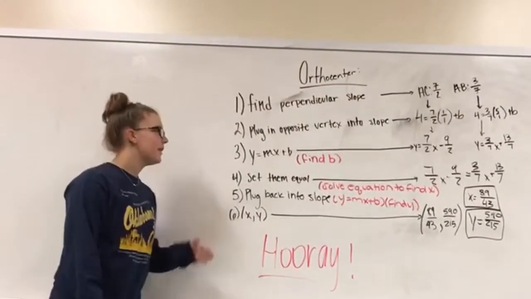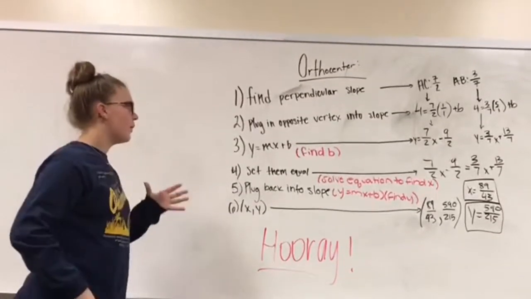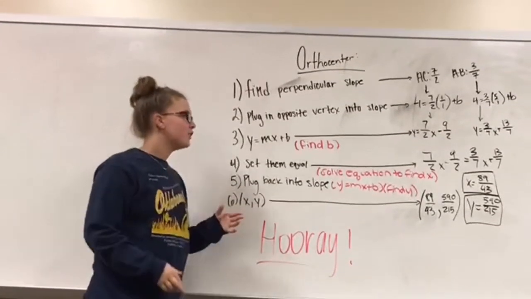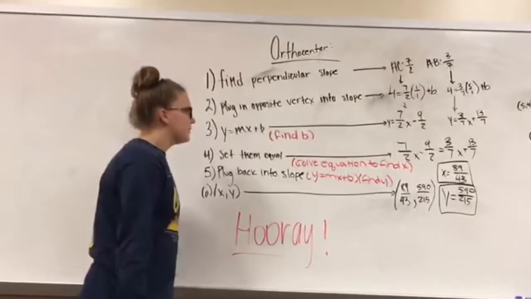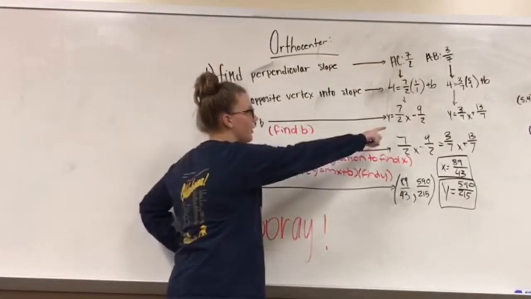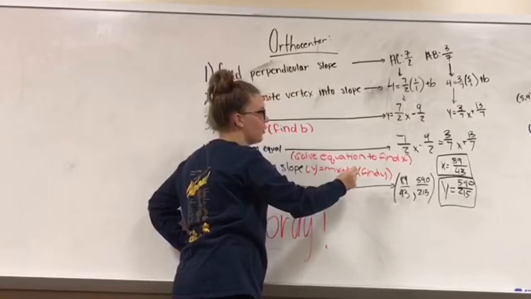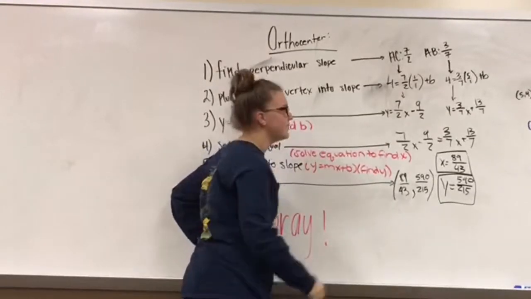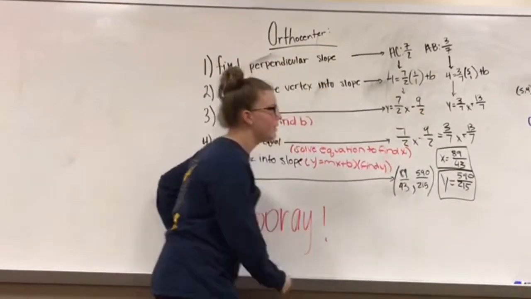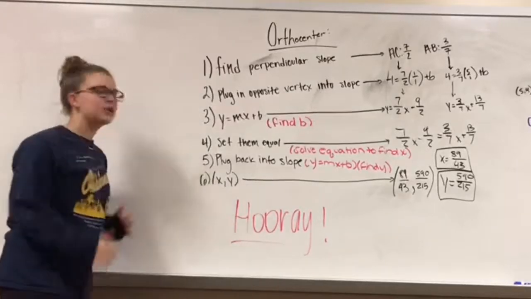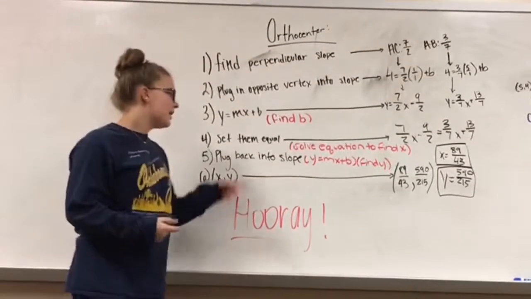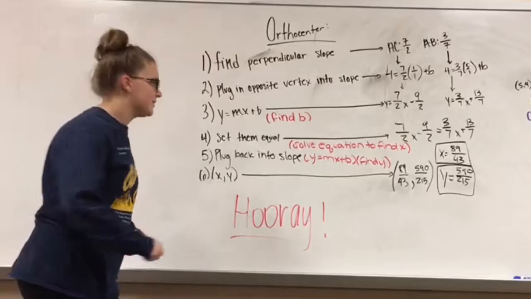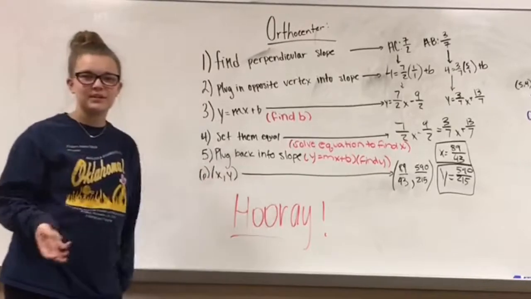Now, once you've done that, you're going to plug those into y equals mx plus b, and find b. Seems simple enough. So for the 7/2 slope we got -9/2, and for the 3/7 slope, 13/7. Then you're going to set them equal to each other and solve the equation to find x. Once you do that, you want to keep x because you don't want to lose it.